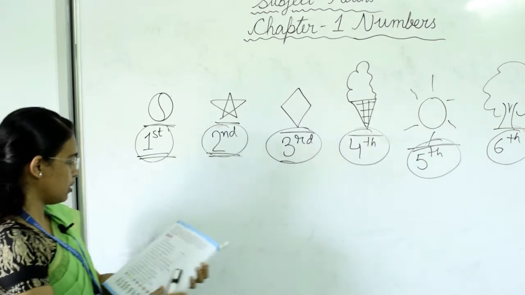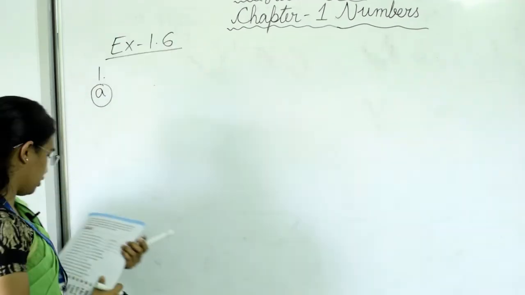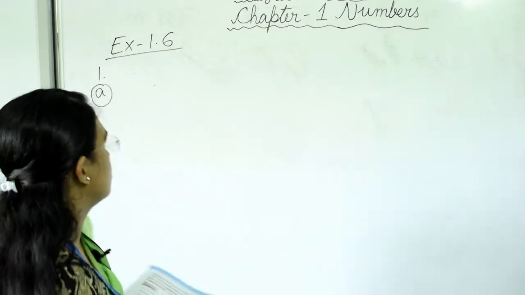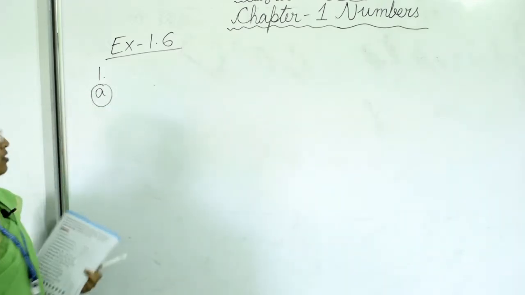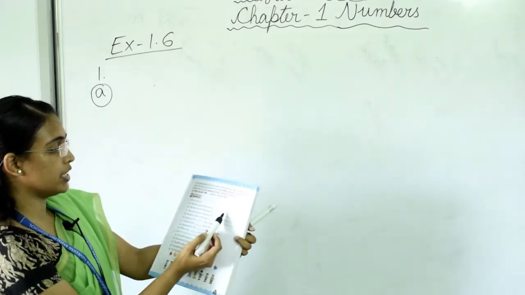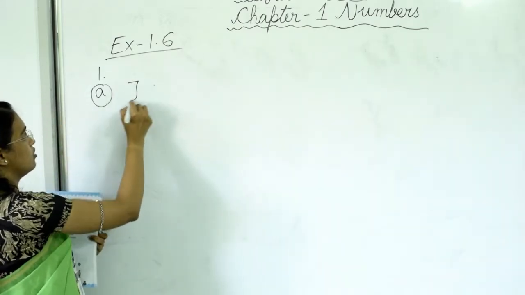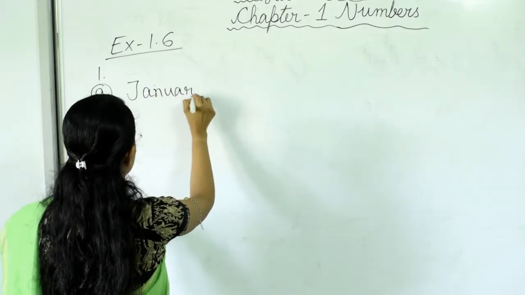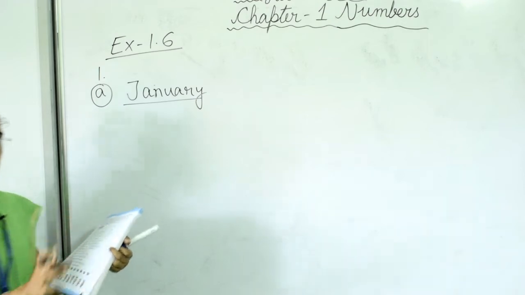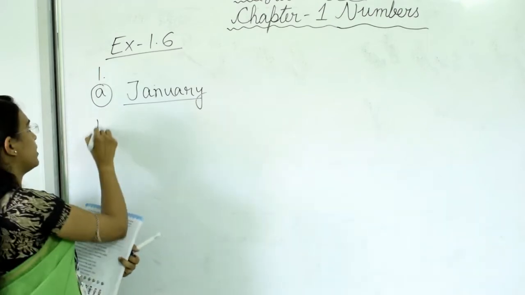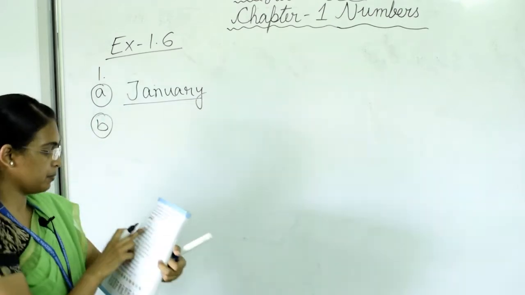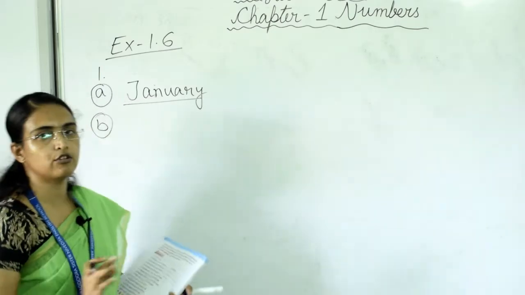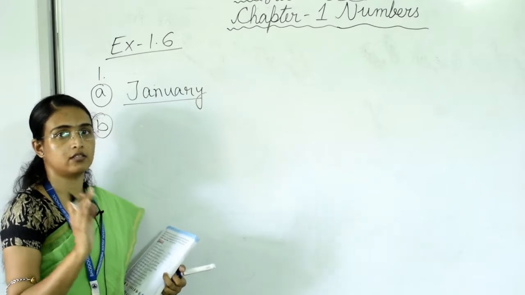Now we will do exercise 1. Okay, first question is what? The first month of the year. The first month of the year is January. January is already written here, right? January is already written in your book. Now we will do question number B. What is the question? The third month of the year. We have to find out the third month's name.